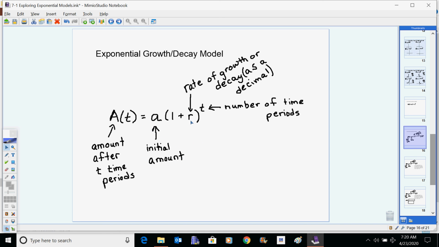This is our rate of growth. Okay, this amount would have had to have been calculated somewhere. If you have a bank, there is a growth rate or an interest rate that they give you. It needs to be put in here as a decimal. If you're a scientist, you might be able to calculate the rate of growth if you determine that you've got an exponential model happening, and then you can figure out what to expect in future times.